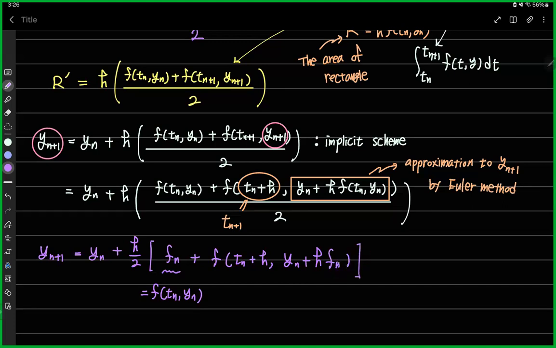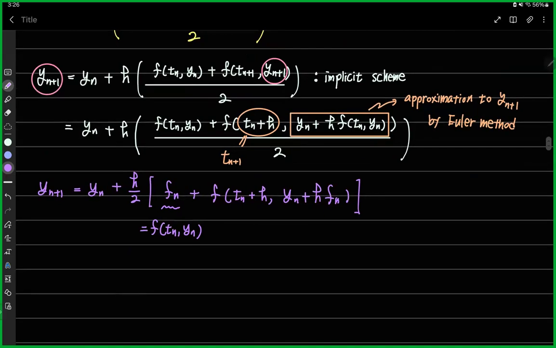Okay. So that's the improved Euler method.